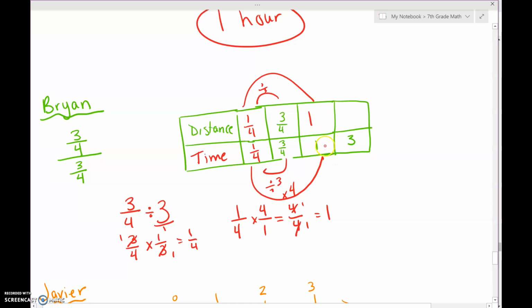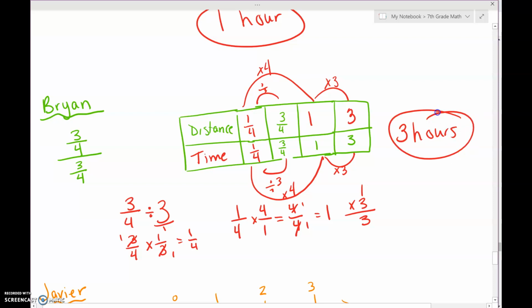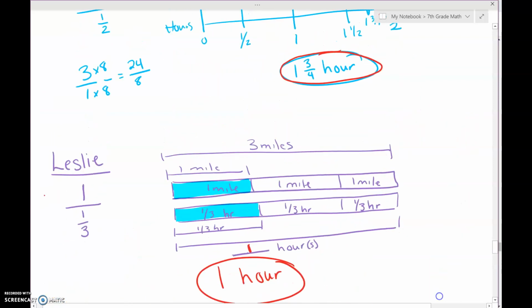So now to get from 1 mile to 3 miles, I multiply by 3. 1 times 3 is 3. Then, same problem here, times 3 becomes 3. So this is times 4. So it takes Brian 3 hours. So far, our fastest has been Leslie.